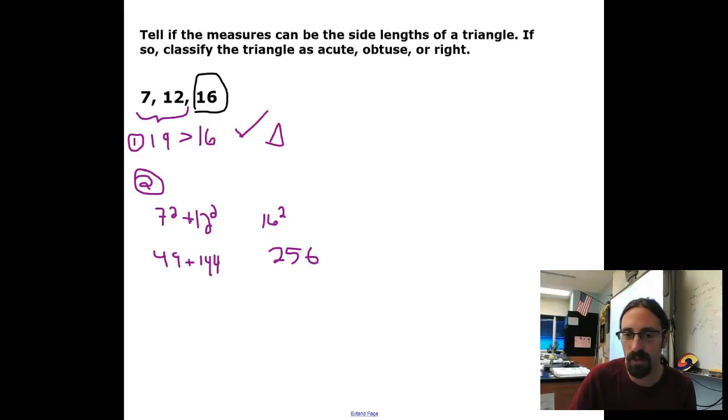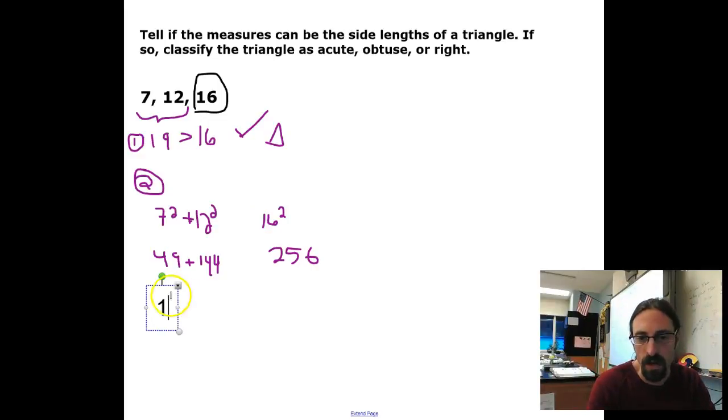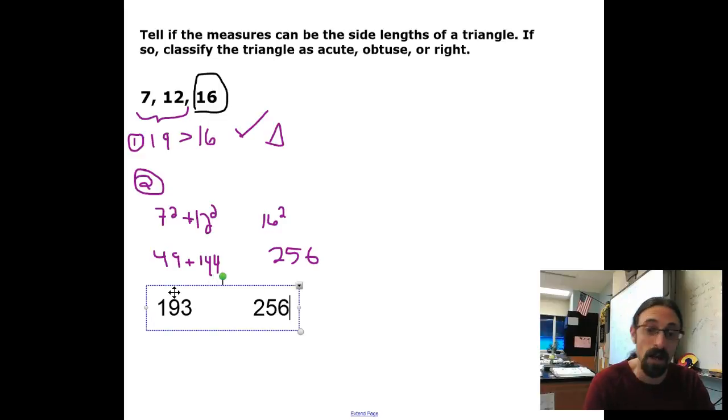I'm going to switch over to typing so you guys can actually see what I'm doing. All right, 49 plus 144 is 193. And I'm comparing that to 256. There we go, in case you couldn't read my writing. What's greater? Does 193 equal 256? Is it less than, greater than? Well, it's less than 256.